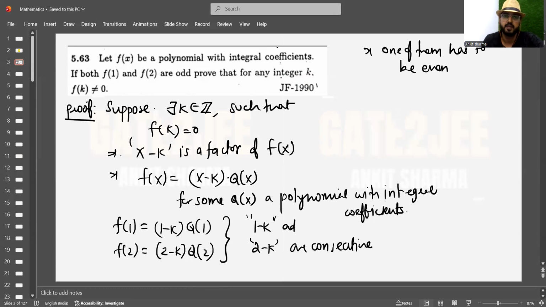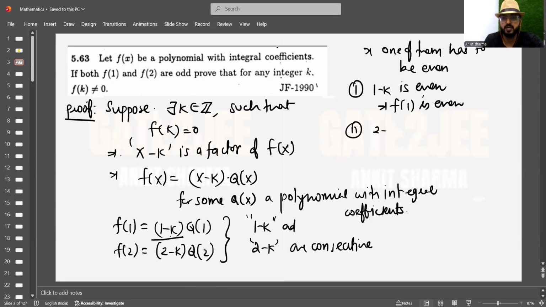Now if one of them has to be even, if I take 1 minus k to be even, case 1: so if my 1 minus k is even, then even into q of 1 is going to be even. So this implies f of 1 is even.